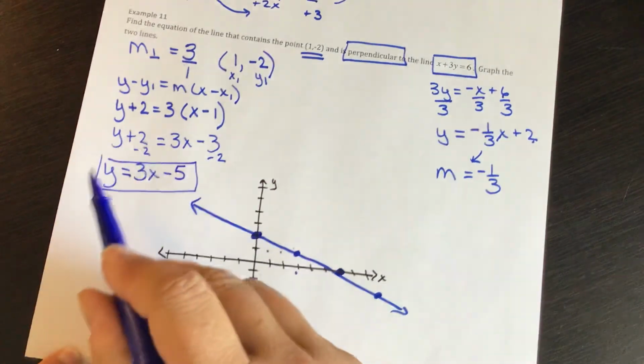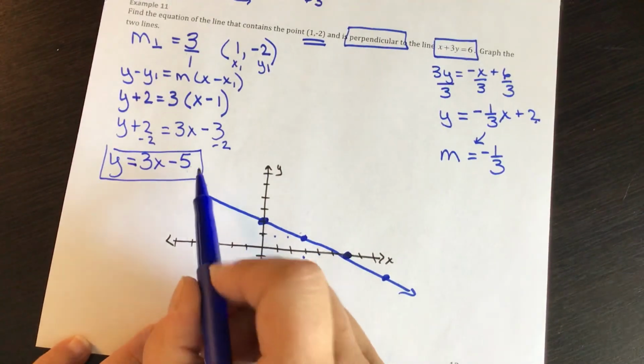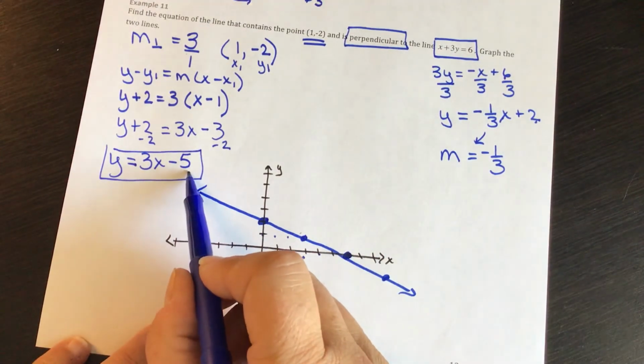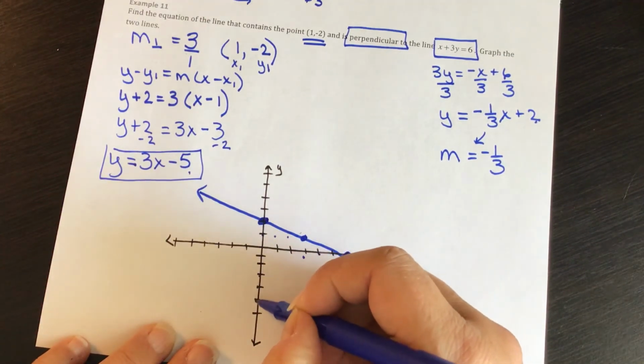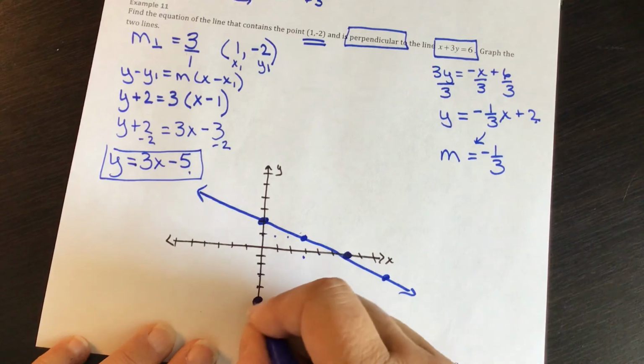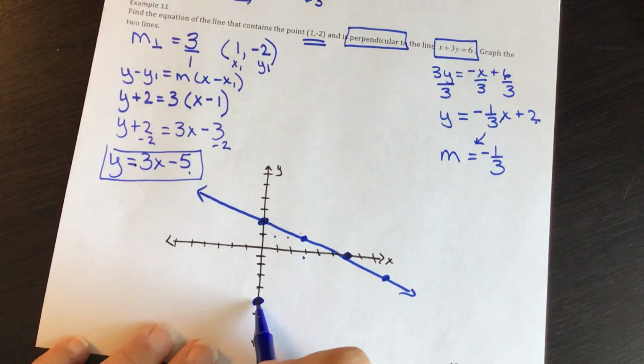So if I graph this line now, my y-intercept is going to be negative 5. So I'm going to go to negative 5. 1, 2, 3, 4, 5. That's my y-intercept, or my starting point on the y-axis.